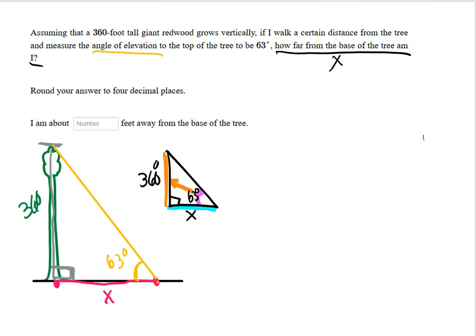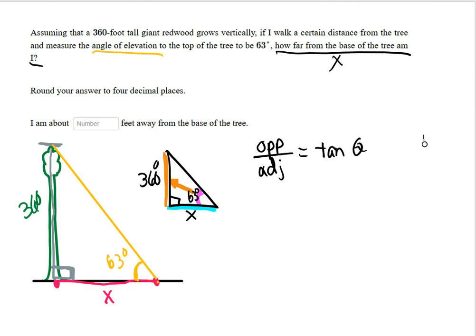That's opposite. So it's opposite over adjacent. And if you have the opposite over the adjacent, that belongs to TOA. That would be the tangent of theta.